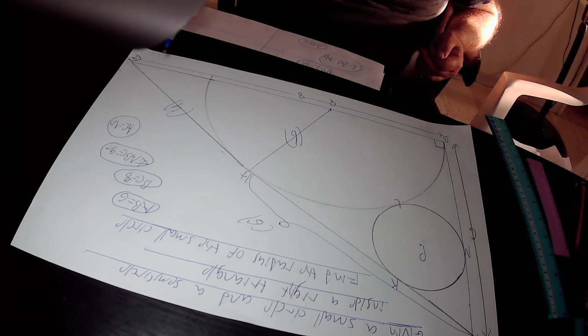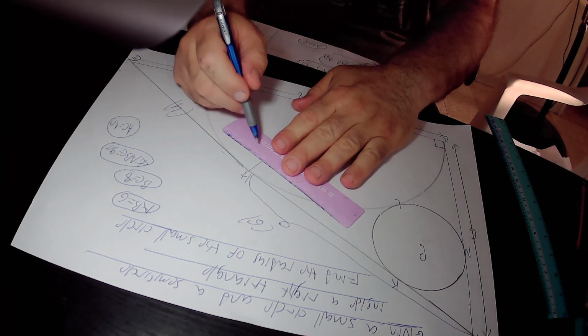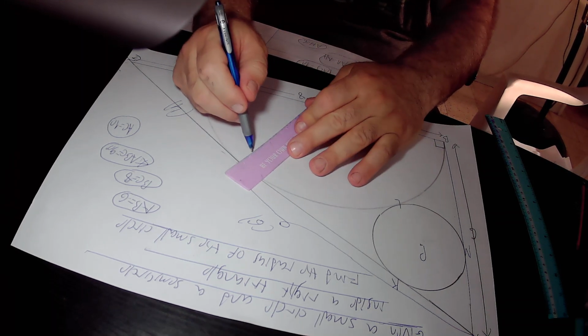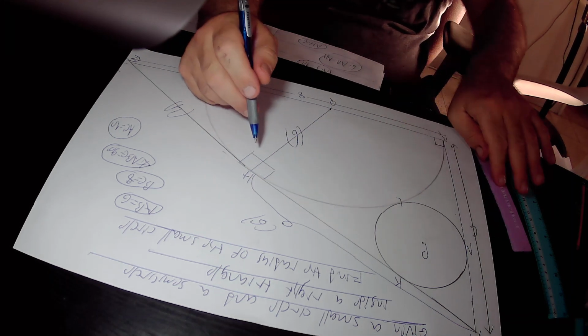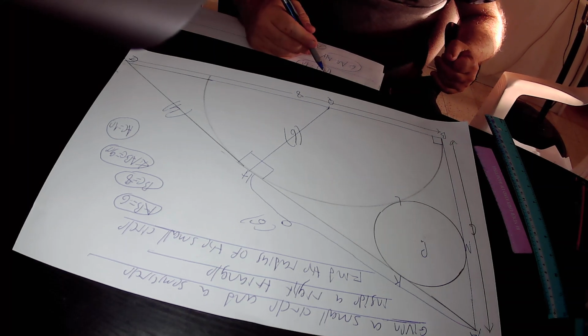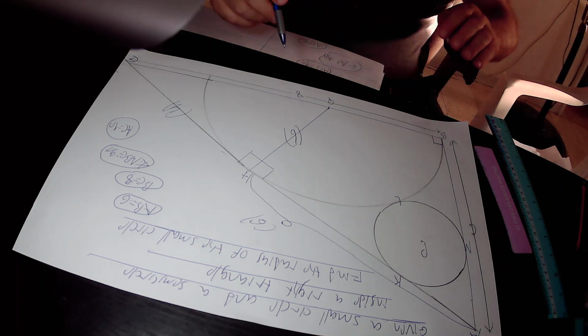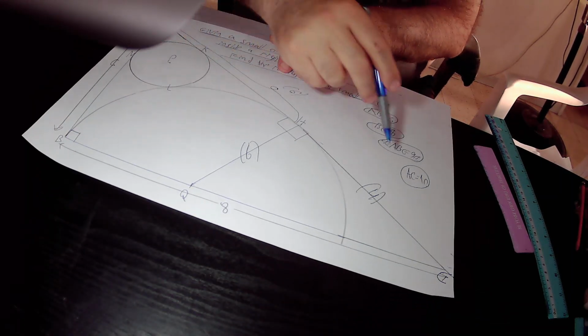If AC is perpendicular to HQ, it means that this angle equals 90 degrees, and this angle also equals 90 degrees according to rule 1. By doing this construction, we get the right triangle QHC. This is the right triangle QHC.